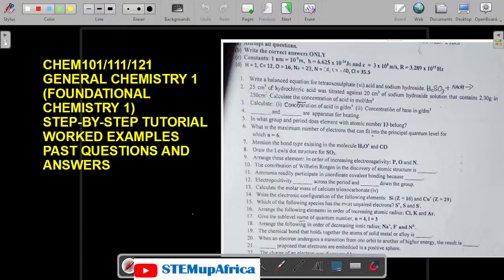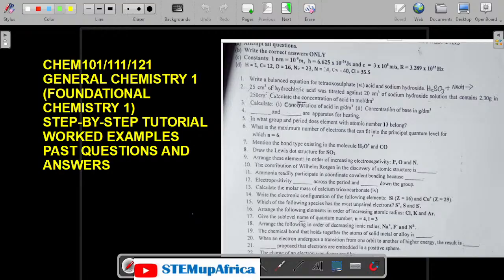So, question 3 also. How do we calculate the concentration of the acid in grams per dm cube? First of all, let's take the mathematical formula for concentration in grams per dm cube.